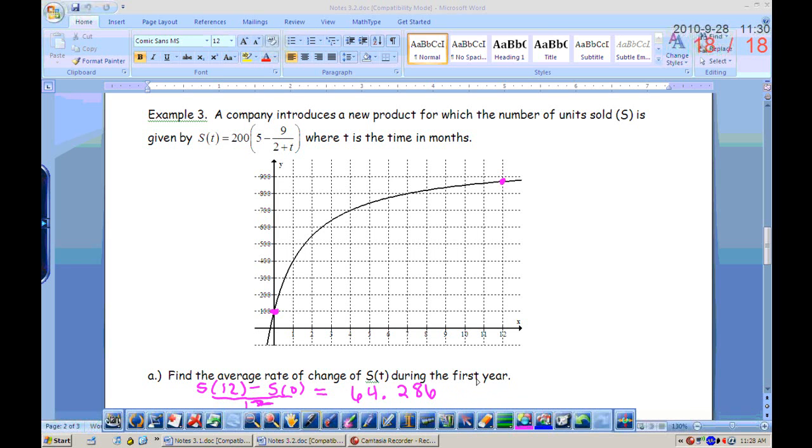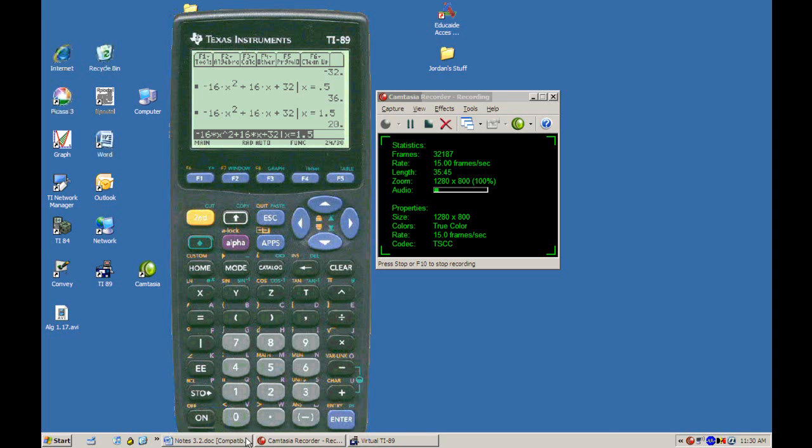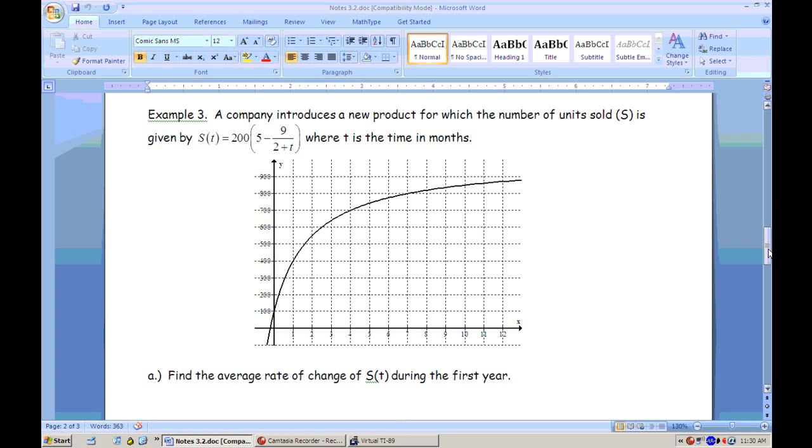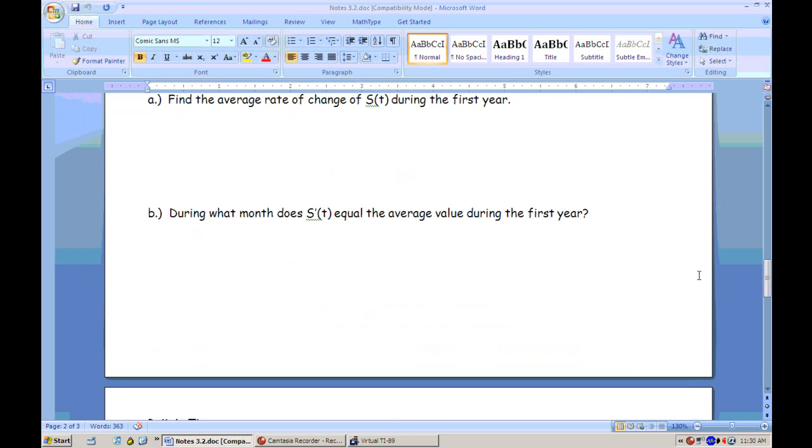What would the units be here? Units per month. All right, during what month does S prime of t equal the average value during the first year? So essentially, what are we trying to find? Somebody write me an equation.